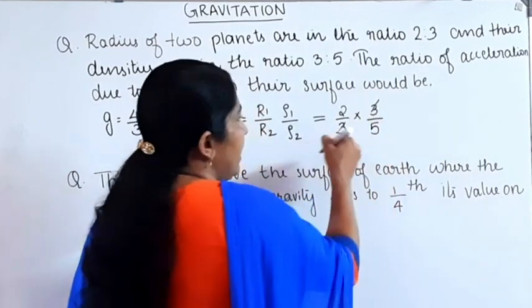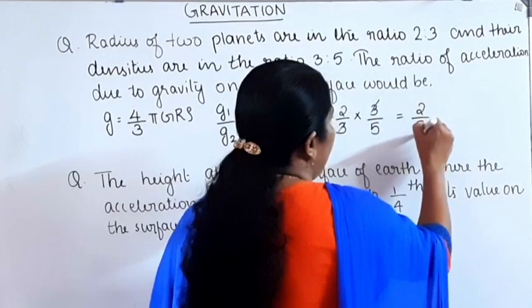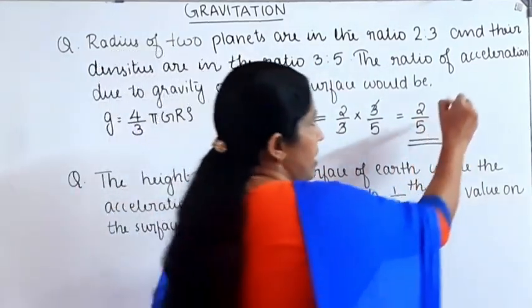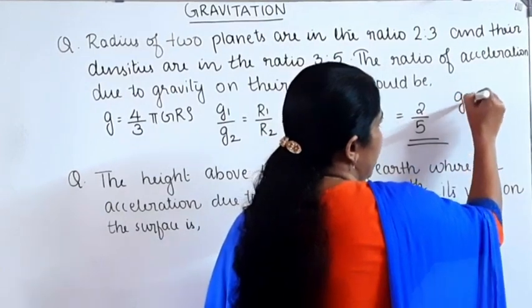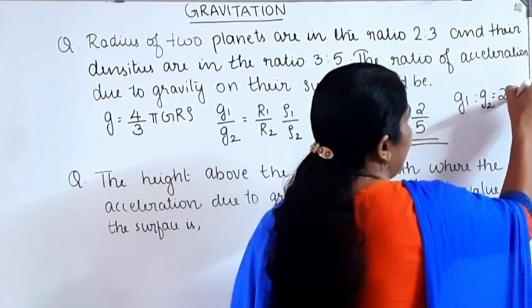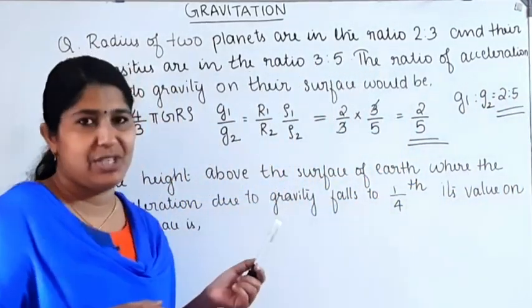Then 3 gets cancelled, and the final answer is 2 divided by 5. So the ratio g1 is to g2 is 2:5. This is the ratio of acceleration due to gravity.